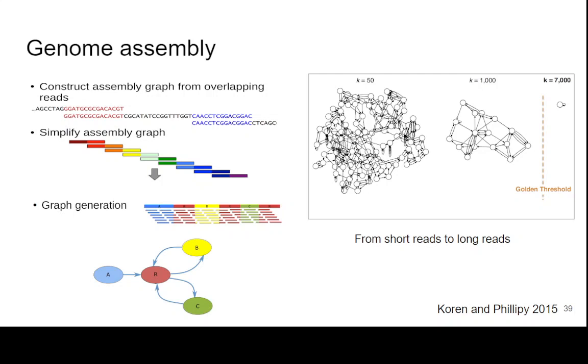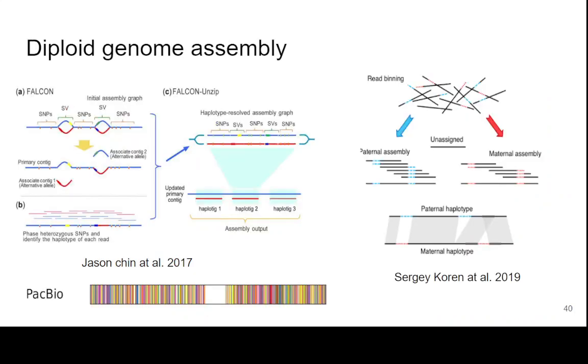So even at this stage, even after 2 decades, we have a finished reference genome, and still the reference genome doesn't contain the true nature of humans, that is the diploid nature. So there were some advances to produce the diploid haplotypes, for example, Falcon-Unzip and trio-Canu.